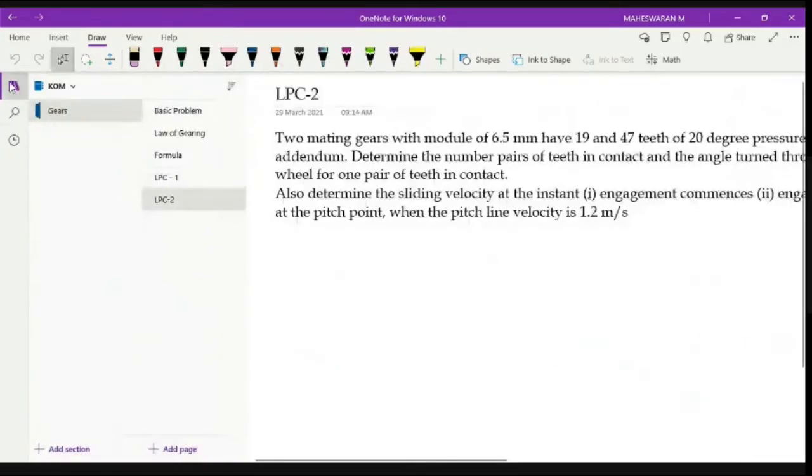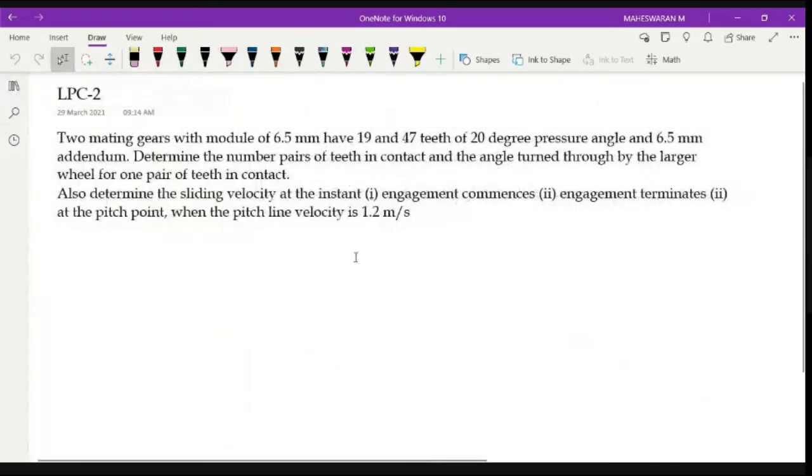Can you see that? This problem has a few more steps and things we have to identify. There are two mating gears with a module of 6.5 mm, one having 19 teeth and the other having 47 teeth, at a 20-degree pressure angle.